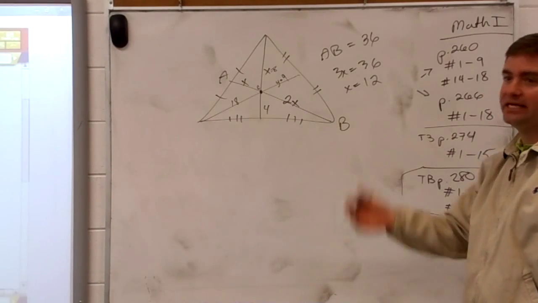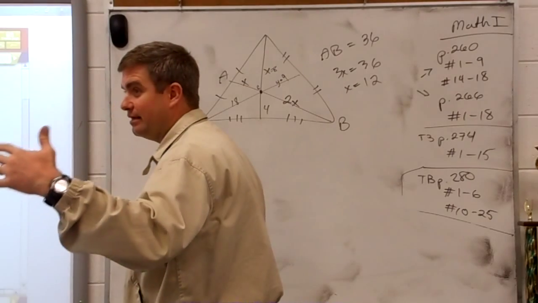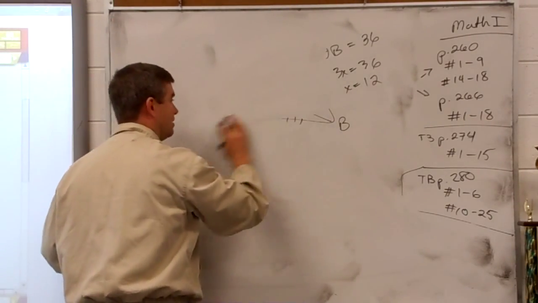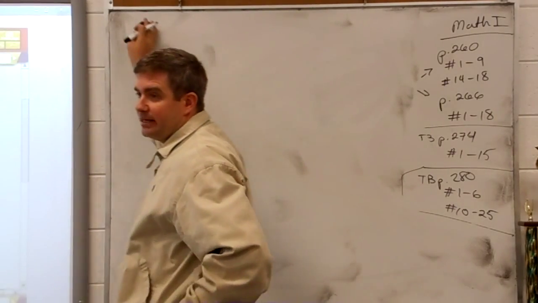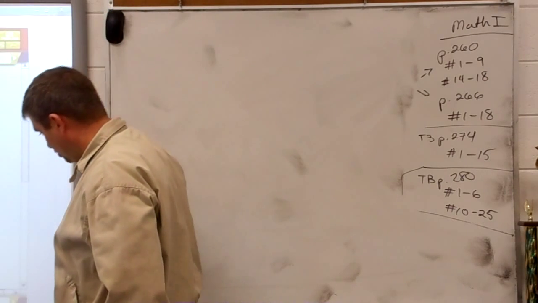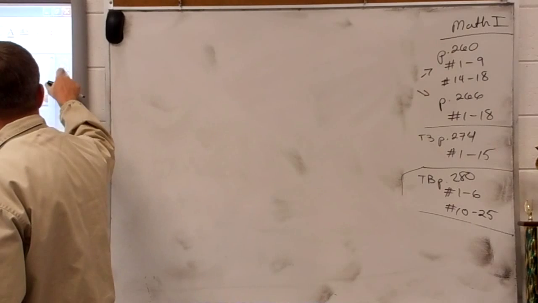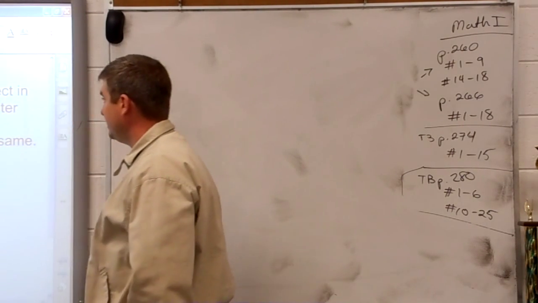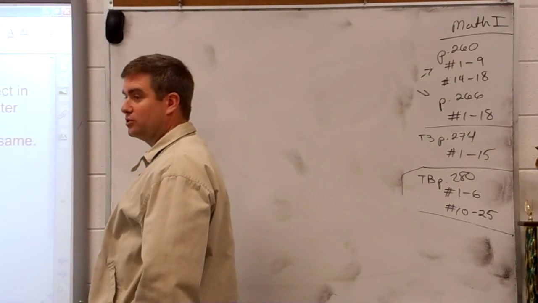What's the other one we have to learn, which is made up of the altitudes? How are we going to remember that? What's our saying for centroid? It's in your little chart here, Centers of Triangles. What was the first one that we learned? PVC. Perpendicular bisectors intersect at a point called the circumcenter.